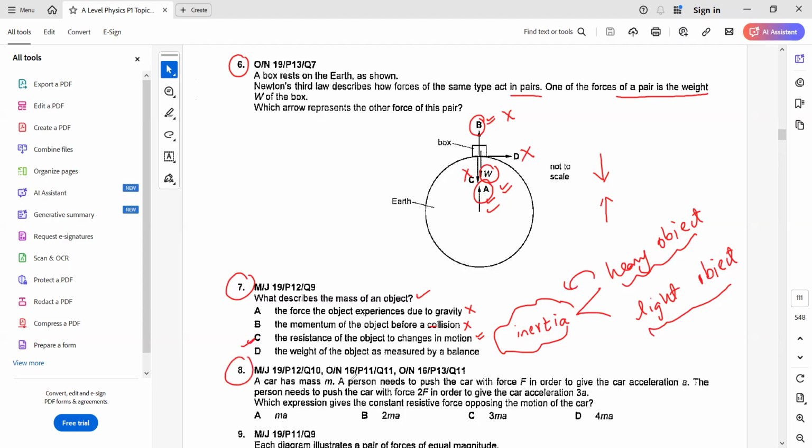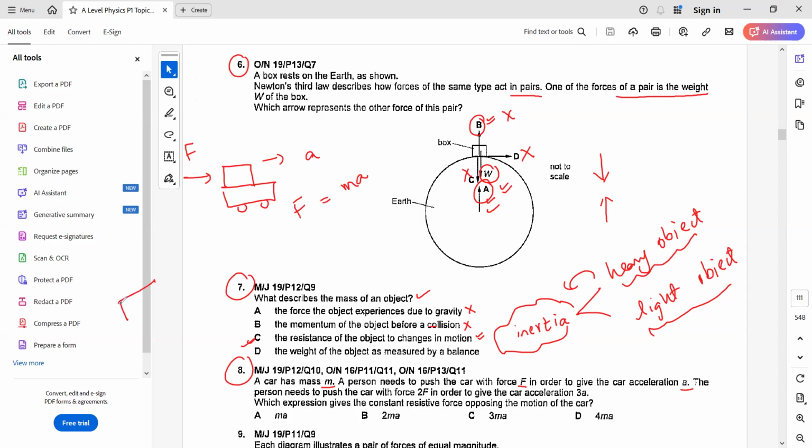Now, question 8. Let's say the car has a mass m. A person needs to push the car with a force F in order to give the car acceleration A. So let's say that's the car. It requires a push F, and it produces an acceleration A. According to Newton's law, this should be related like this.